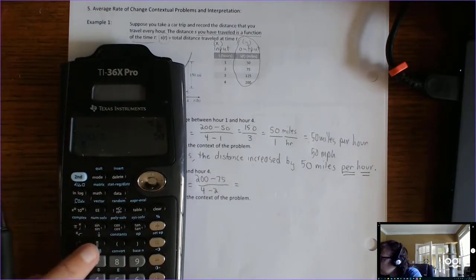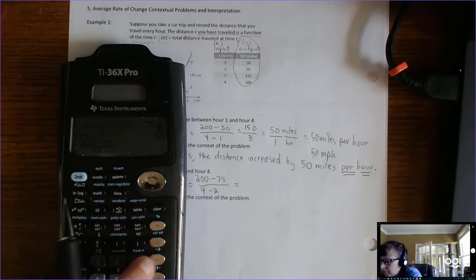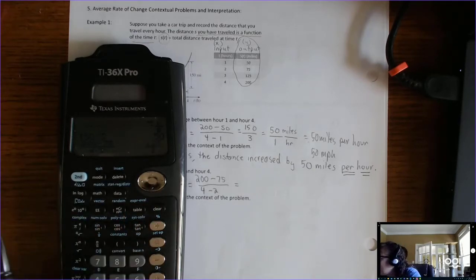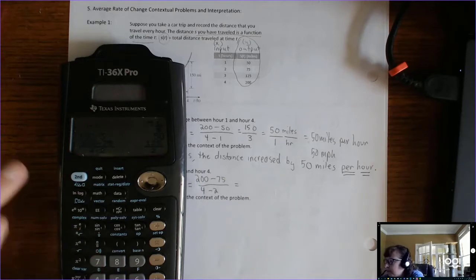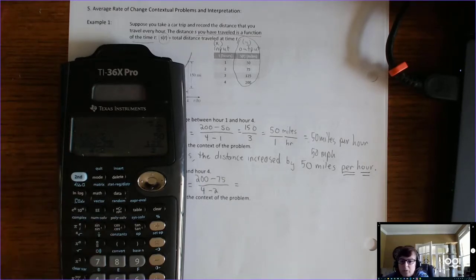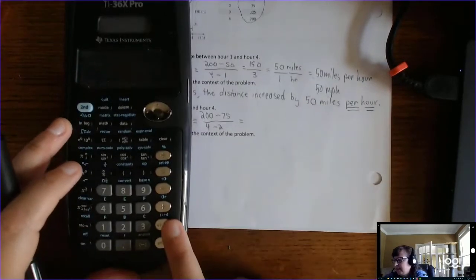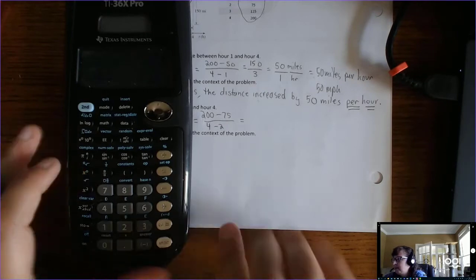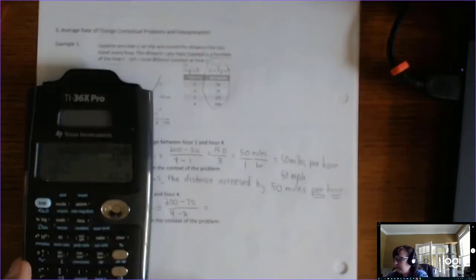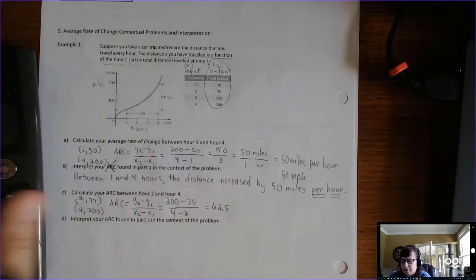So horizontal division key, 200 minus 75 over 4 minus 2, and the calculator is giving me 125 over 2. Is that what you want in a word problem? No, you want it over 1, so hit the little squiggle and we get 62.5.